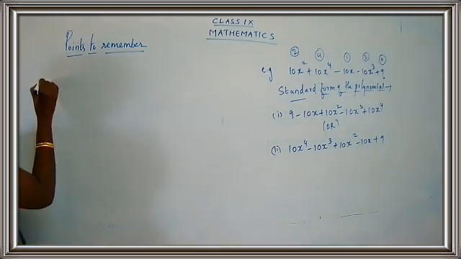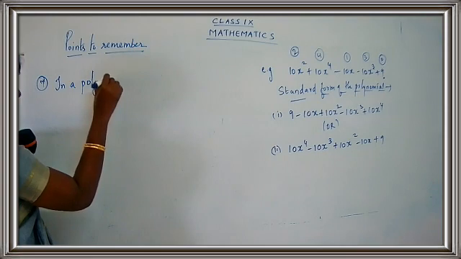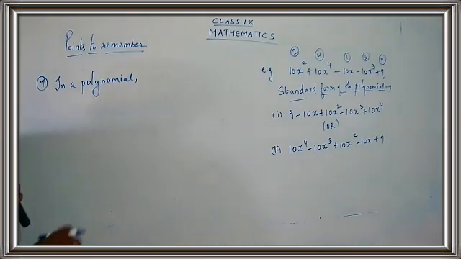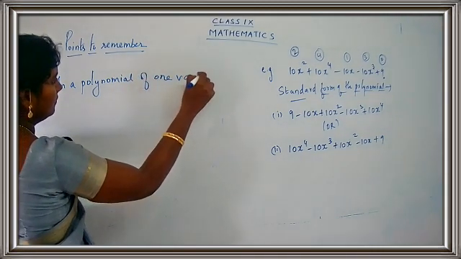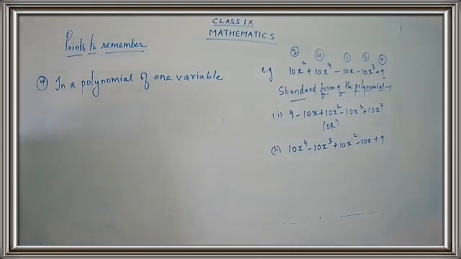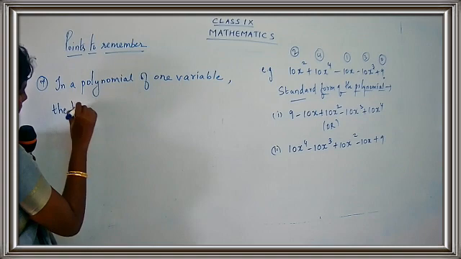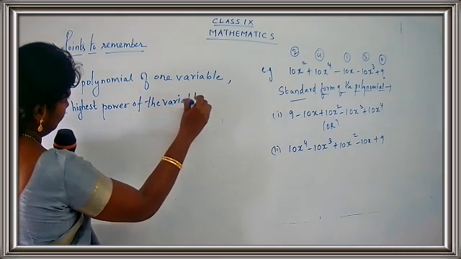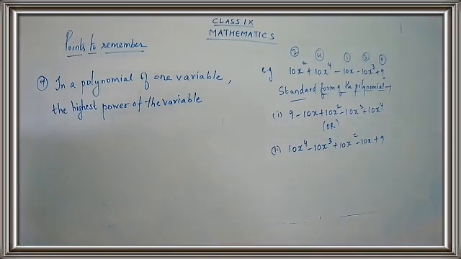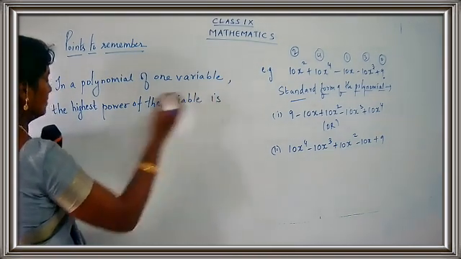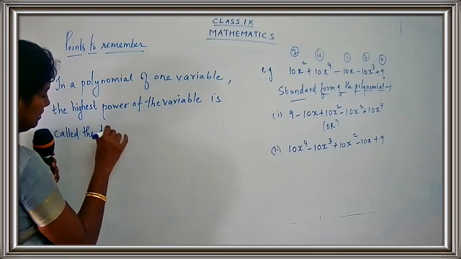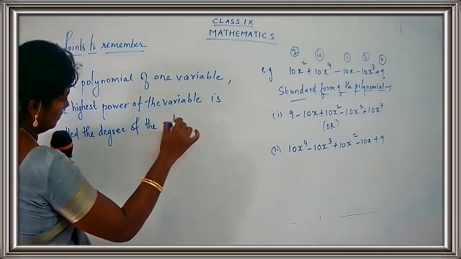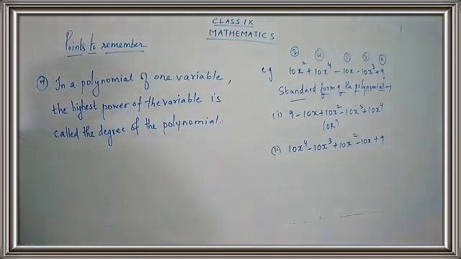So point number 7. In a polynomial of one variable, the highest power of the variable is called the degree of the polynomial.